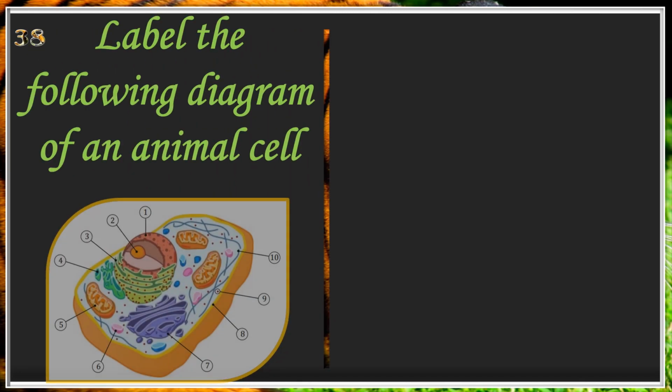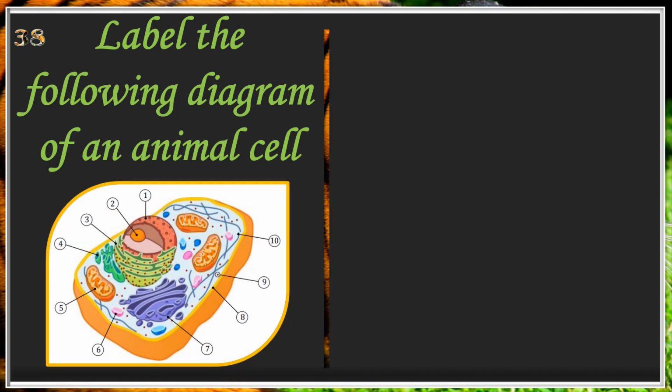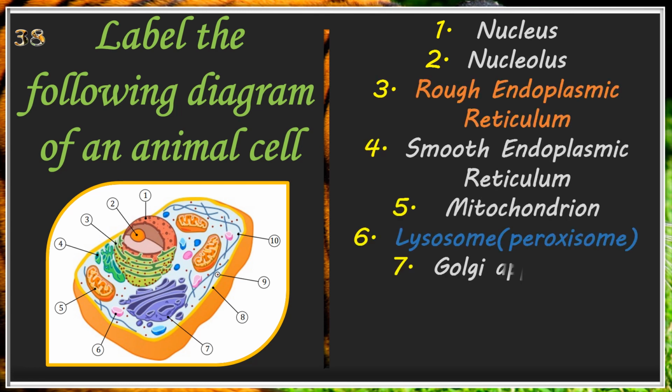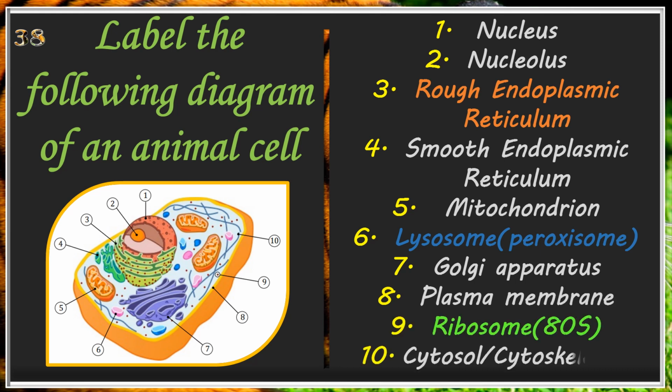Label the following diagram of an animal cell. Number 1, that is a nucleus. Number 2, it is a nucleolus. Number 3, those are rough endoplasmic reticulum. Number 4, they are smooth endoplasmic reticulum. Number 5, it's a mitochondria. Number 6, those are lysosomes, or sometimes we call them peroxisomes.